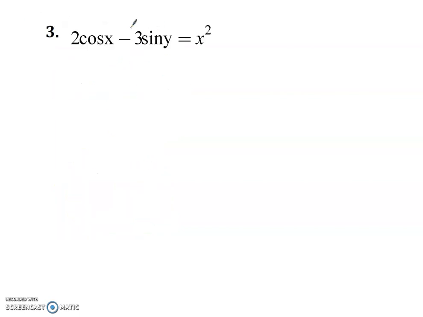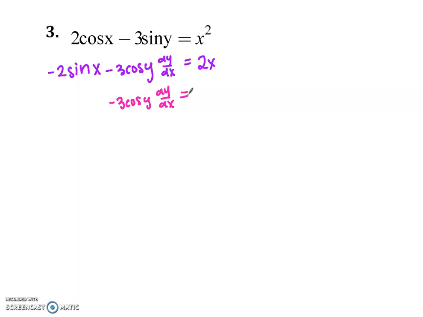Now let's look at another one. So this time we have some trig functions. So the derivative of cosine is negative sine. So that'll be negative 2 sine of x. The derivative of sine is cosine. So that'll be cosine of y, but this term had a y with it. So since I took the derivative, I'm going to tack on a dy/dx equals the derivative of x squared is just 2x. So then I'm going to move the sine term over. You always want to get the dy/dx terms on one side, everything else on the other side.